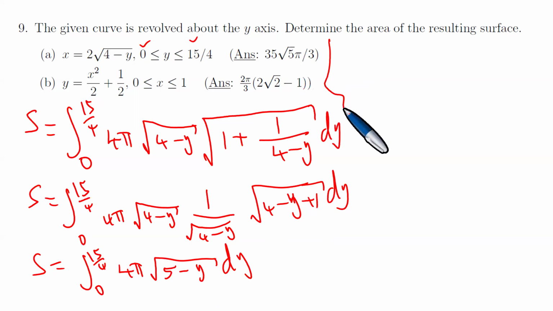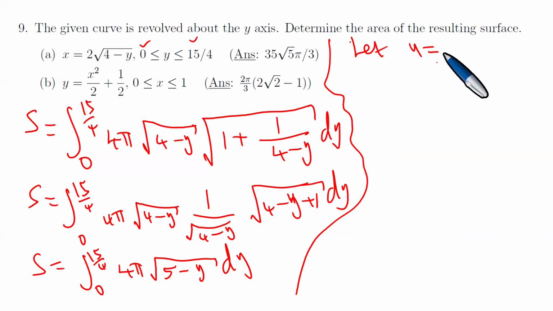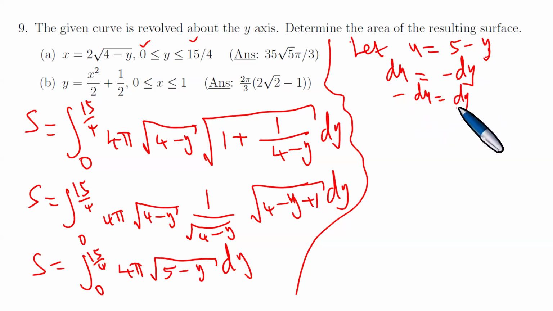So now we have this and we just need to find the integral of this. We can quickly get it. Let u be, for instance, 5 minus y. Then du becomes minus dy, or you can say minus du equals dy.